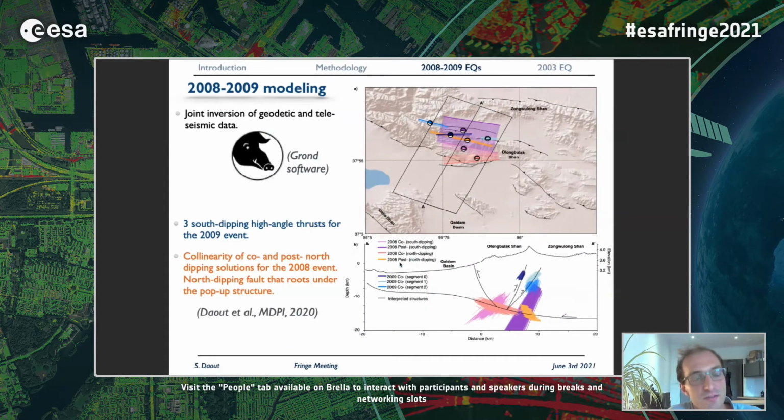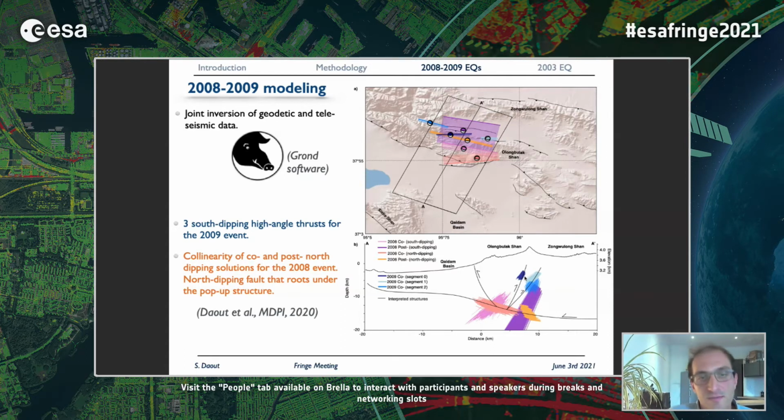But let's first look at this 2008-2009 sequence that we model with the Ground software, which is included in PyRocko. And for the 2009 event, we invert for three south dipping high-angle thrusts that are the best-fit solution in blue in this map, or with all these blue lines in profiles.